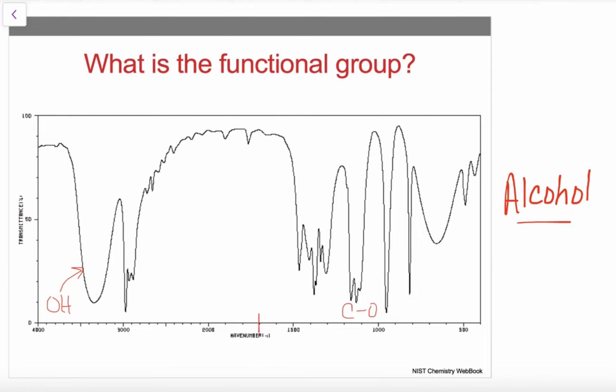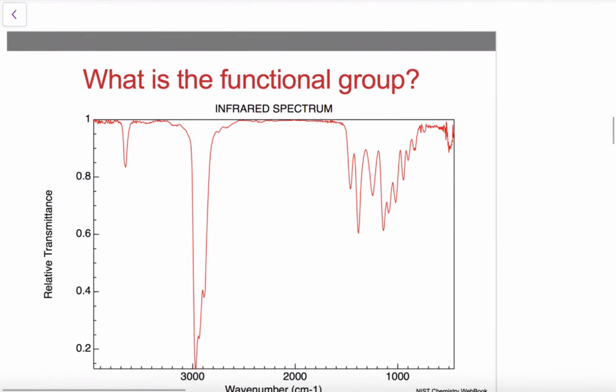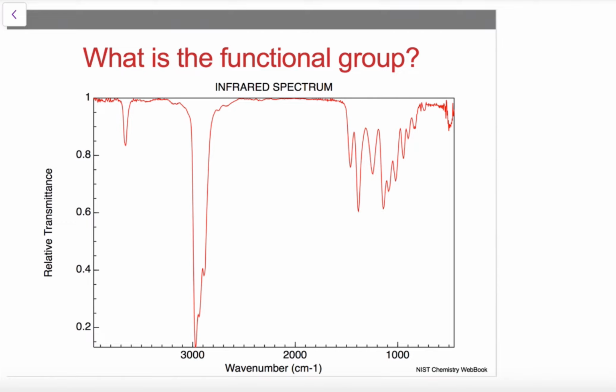Again, the OH stretch is usually pretty evident. It's the broad stretch around 3300. This is a characteristic of our alcohols and what they will look like. However, the OH stretch does not always have to be super broad, like it was in the previous example.